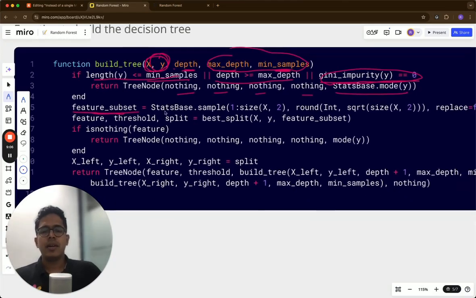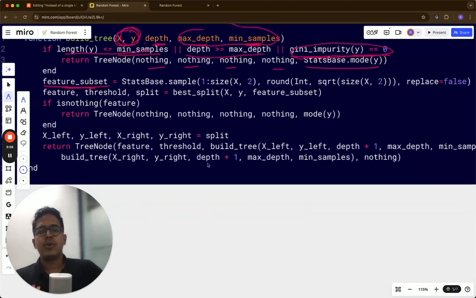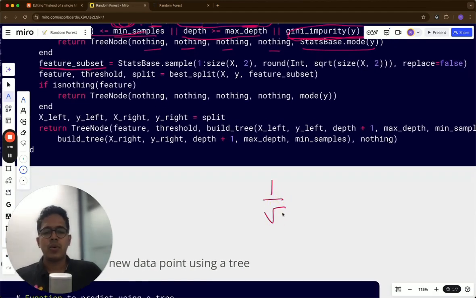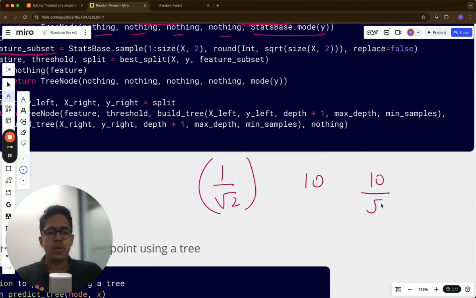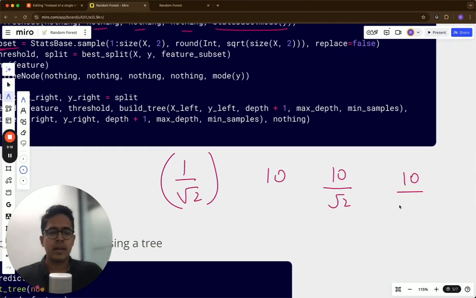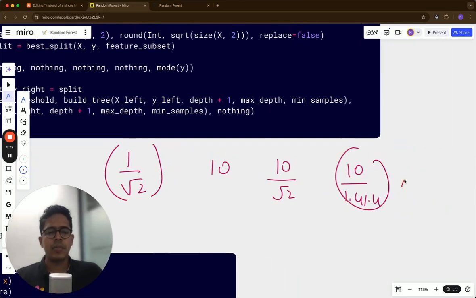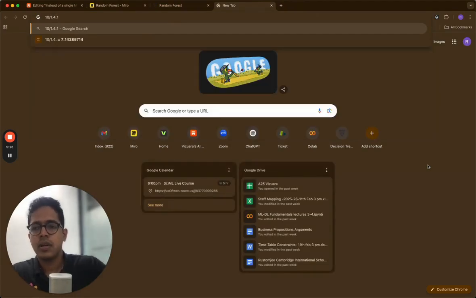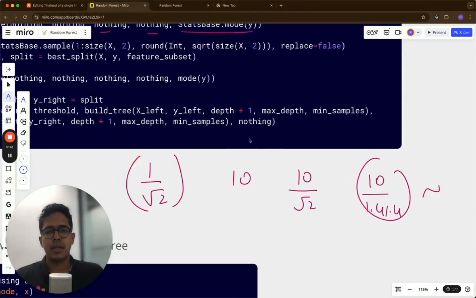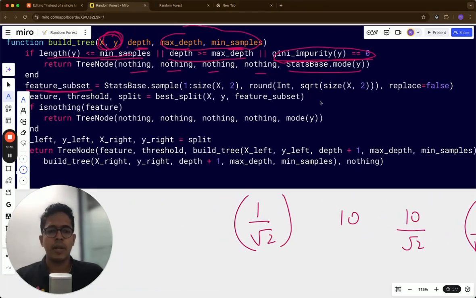So here the rule that you use is you use the square root of the number of features, whatever is the integer value of this. So if you have 10 features in total, 10 by the square root of 2, which is 10 by 1.414, and if this turns out to be some number like 7.14, you can use 7 features. So that is what we are doing. In total that many features we will pick.